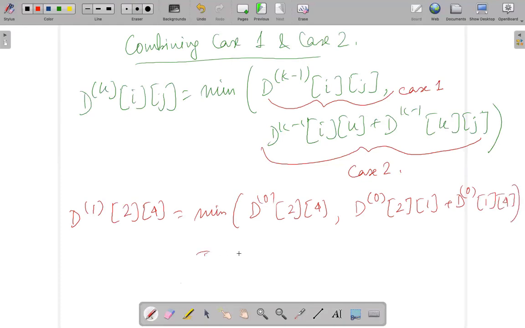This is the minimum of 2 comma 9 plus 1, which is 2. In this way you can keep computing for every individual cell of the D matrix. Okay.